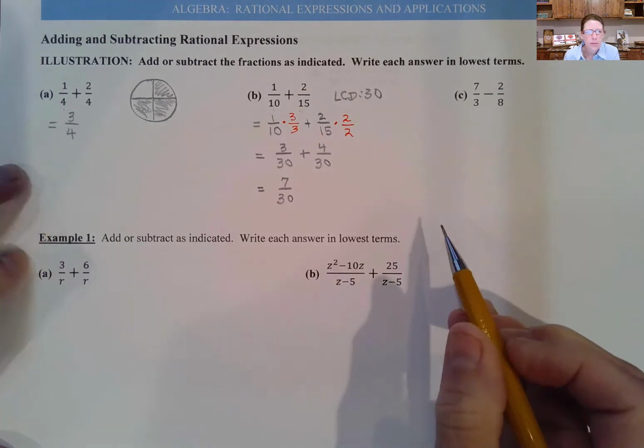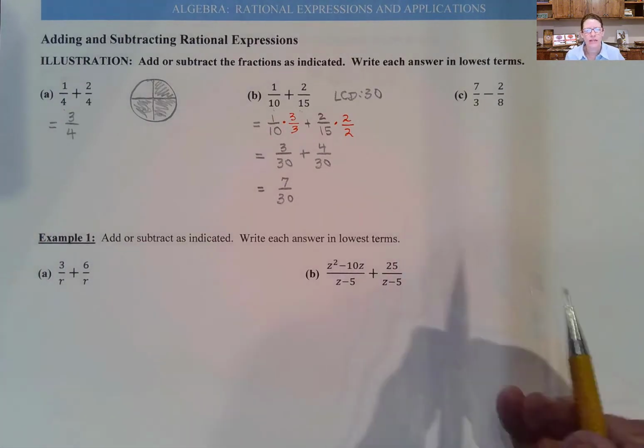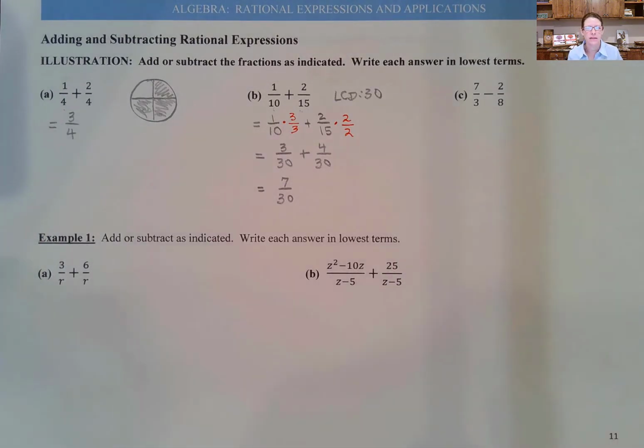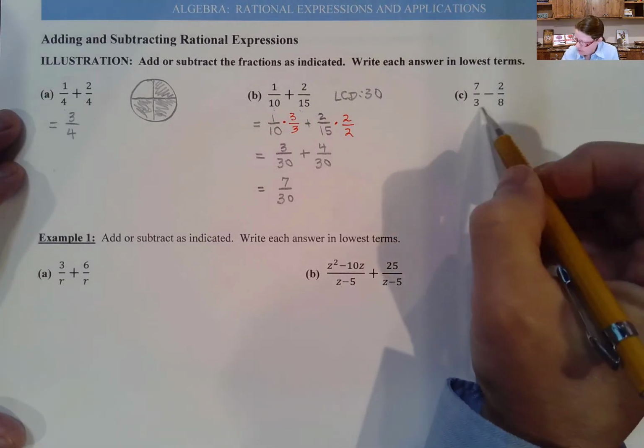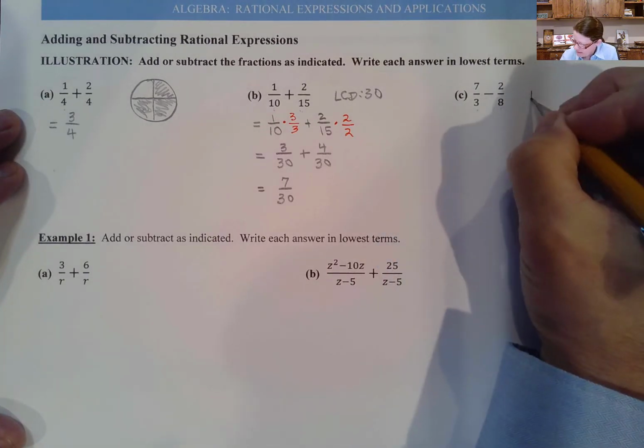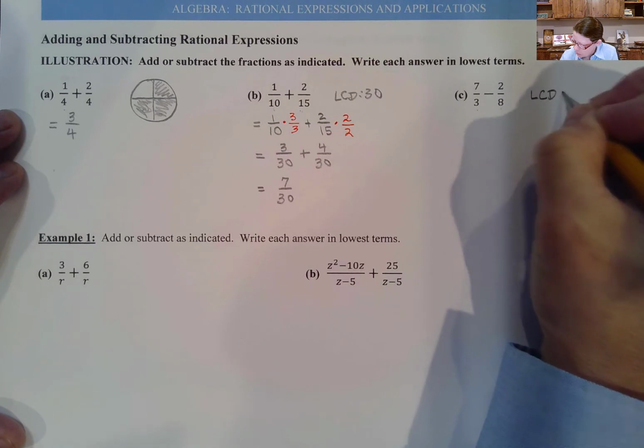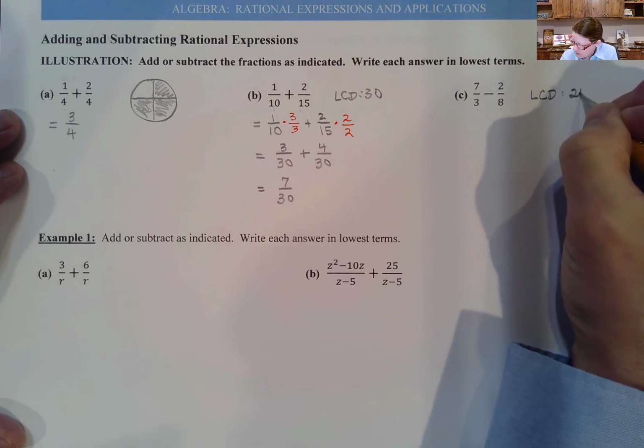So we're just setting up a process for adding and subtracting rational expressions because it's done in the same way that we add and subtract numerical fractions. In part C, looking at our denominators 3 and 8, we can determine that the lowest common denominator is 24.